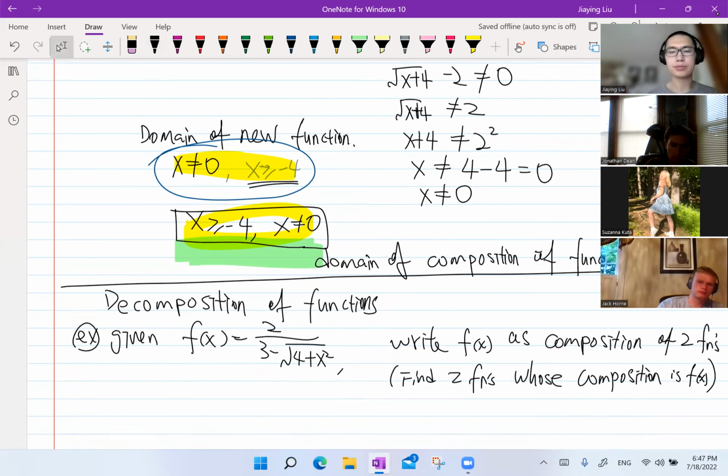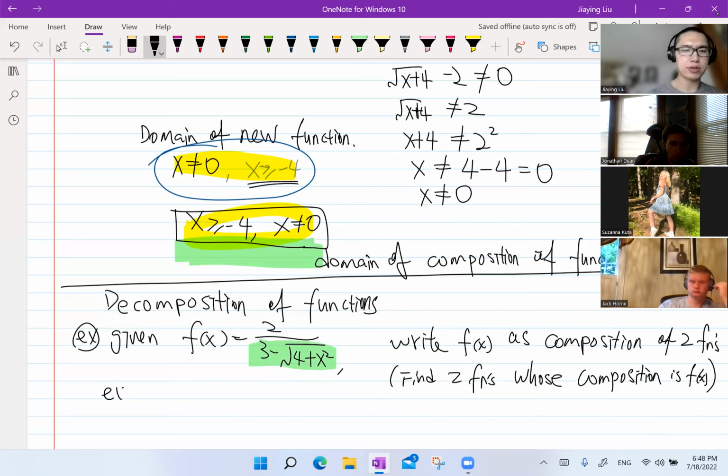Okay, so how do we come up with two functions? Well, there's no restriction, so we can come up with any two functions. For example, we have to replace the x with some expression, right? We could just say the first function is going to be 2 over x. The second function is going to be the denominator.